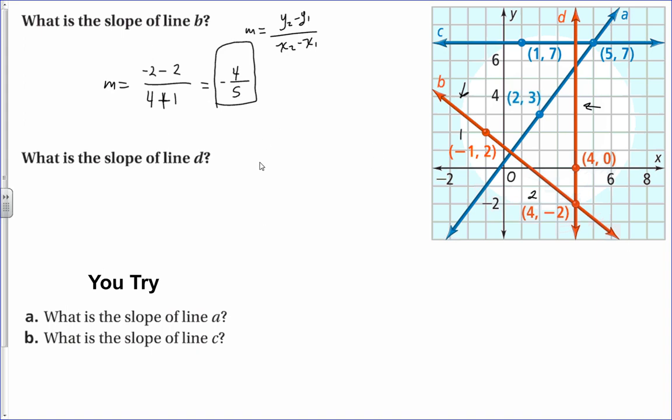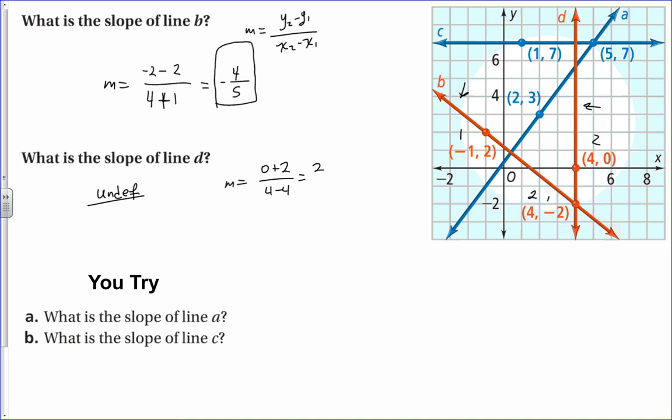All right. Now, we need to figure out the slope of line D. And again, you can use your slope formula, or if you remember from before, a vertical line has an undefined slope. So the slope of this line is undefined, or undef, as I abbreviate it. Because if you physically did this, if we called this point 2 and this point 1, you're going to have 0 plus 2, because it's minus negative 2, over 4 minus 4.